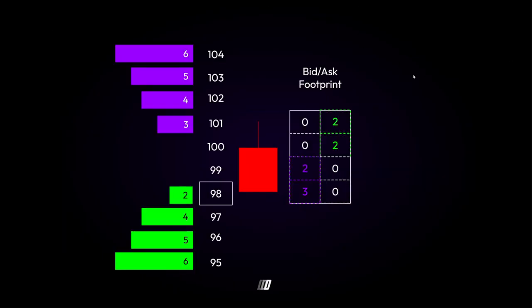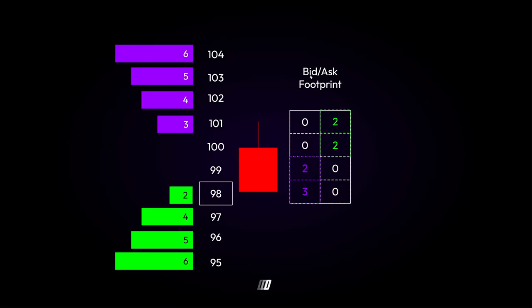So this is what we call a footprint chart or a bid-ask footprint chart. It basically summarizes for us what happened during the auction, what caused price to move, what are the orders that pushed market in a specific direction, how many were they, both from the aggressive side and the passive side, because if there were three contracts sold, they were aggressively selling and passively buying at the same time.